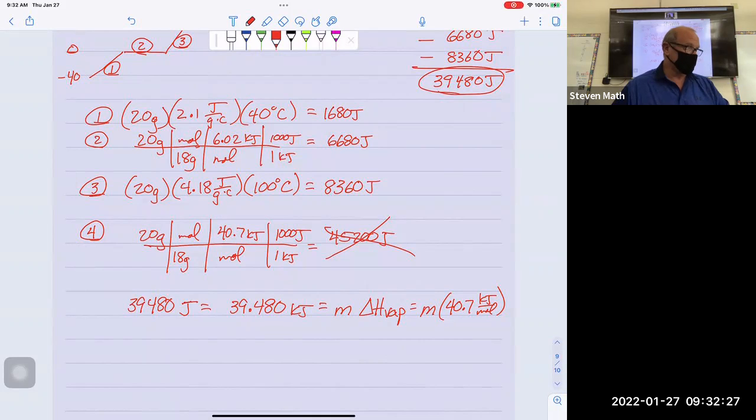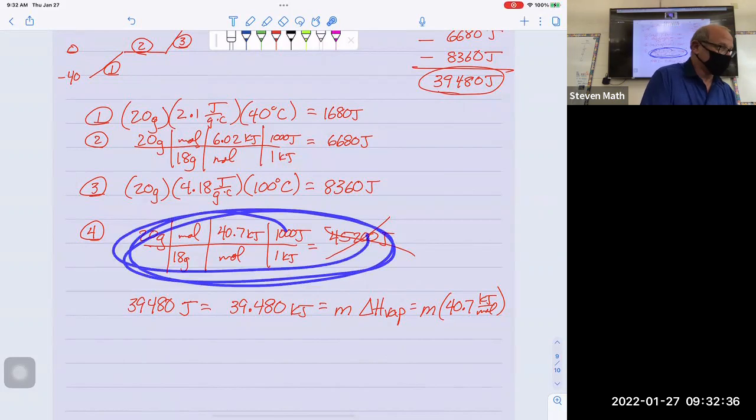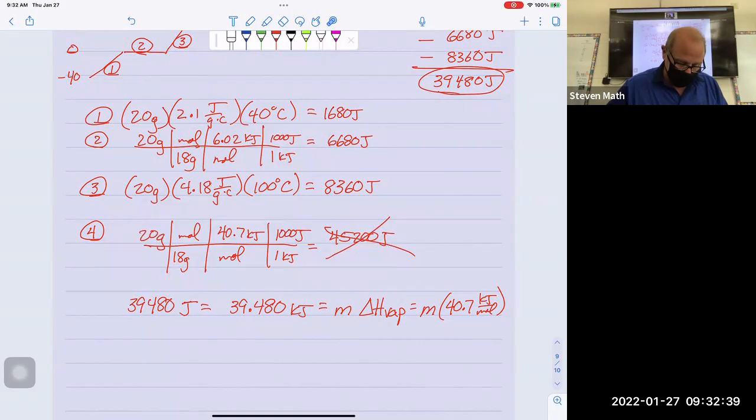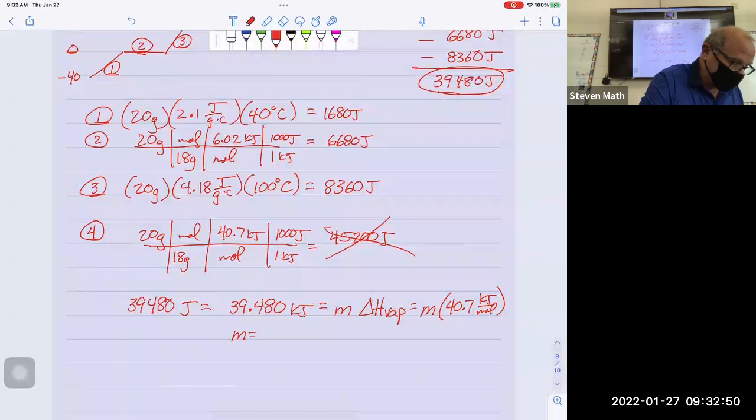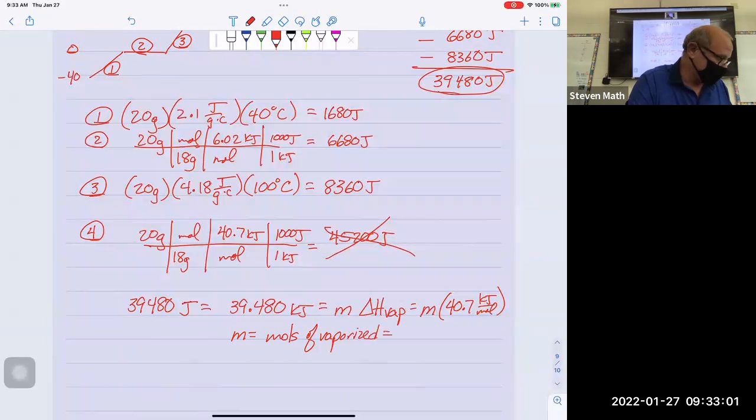This is the flat phase change one. This is this formula backwards. What I'm doing is I've got 39.48 divided by 40.7. m is equal to moles in this case that we were able to vaporize, which in this case is 0.97 moles.